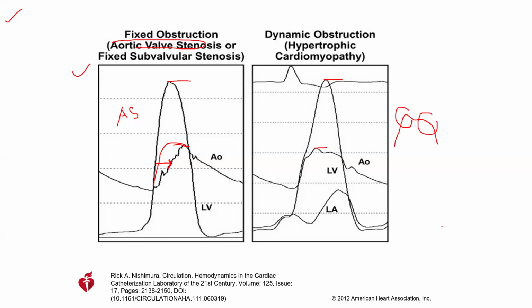I'm going to explain why spike and dome comes in HOCM. Now you could appreciate that HOCM obstruction and aortic stenosis obstruction look alike in terms of the gradient, but you have to analyze the morphology. The morphology might give you an idea about which condition you are dealing with. Tardus is more with aortic stenosis, spike and dome is more with HOCM.